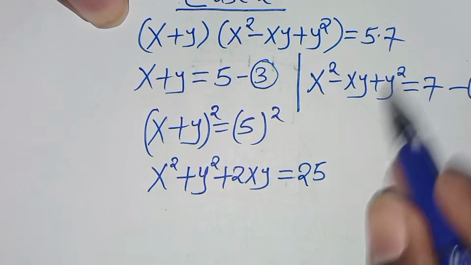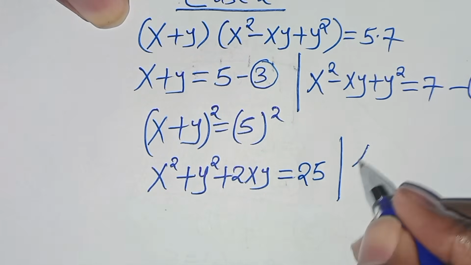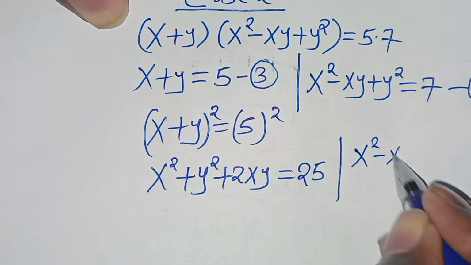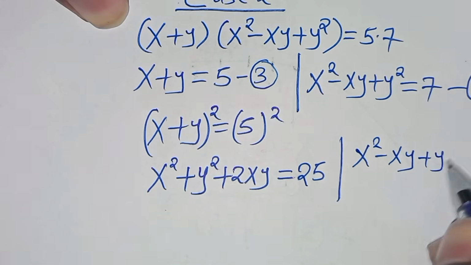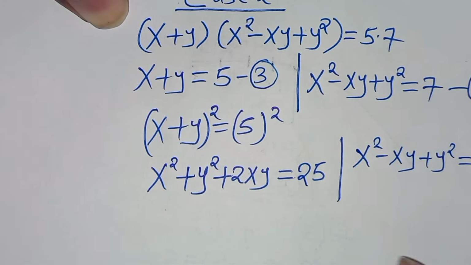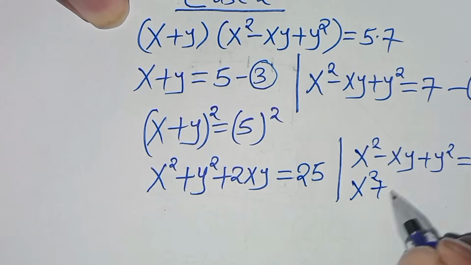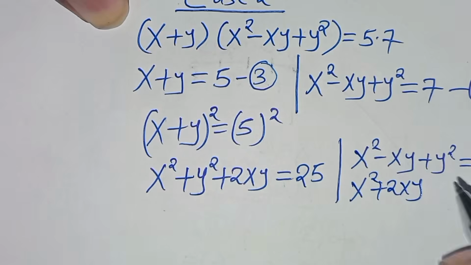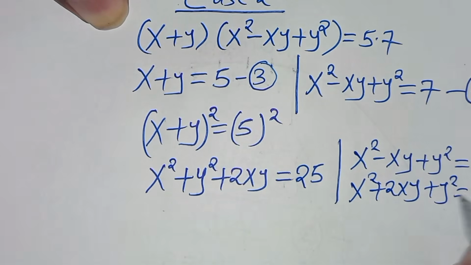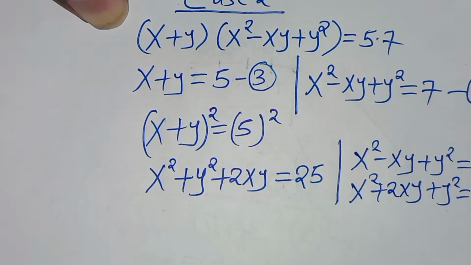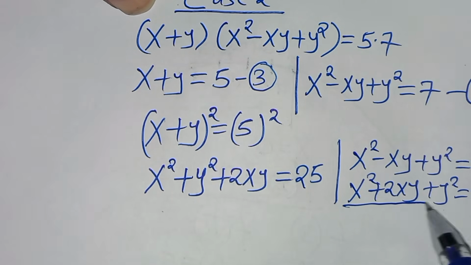Now, from equation 4, which is x squared minus xy plus y squared, this is equal to 7. So these are two systems of linear equations such that let's subtract these two systems of linear equations from here.